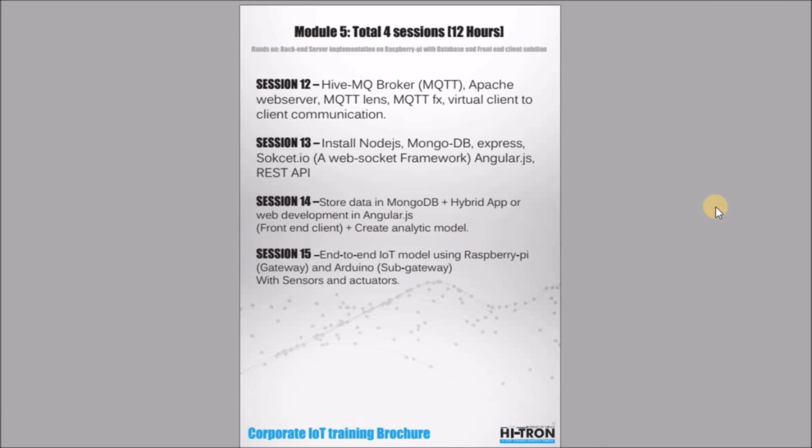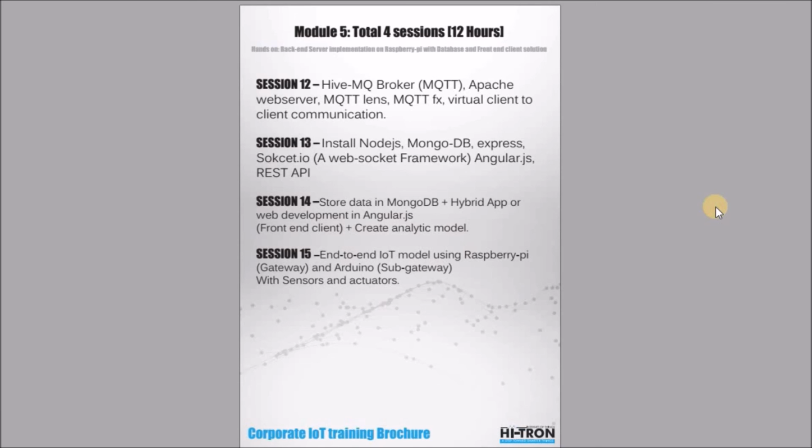Arduino is connected to the sensor and takes the data from the sensor, and it will be connected to the Raspberry Pi, which will be our gateway, and take the data and send it to the cloud platform, something like IBM Bluemix. And this is how you can take all the pieces that we have learned in the previous modules 1, 2, 3, 4, even 5, put them together, and build the entire project around all the IoT technologies.